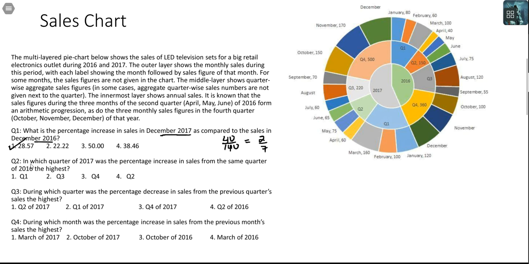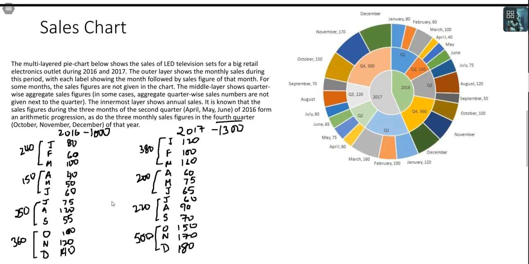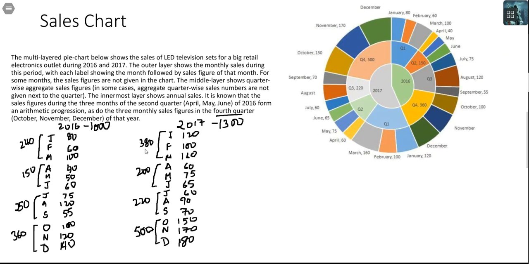Next question. In which quarter of 2017 was the percentage increase in sales from the same quarter of 2016 the highest? Okay. So 240 to 380, the change is of 140 by 240, greater than 50%. How much is it precisely? I'll care about it later. In the second quarter, the change is of 50 by 150.